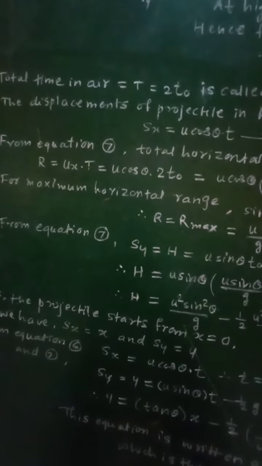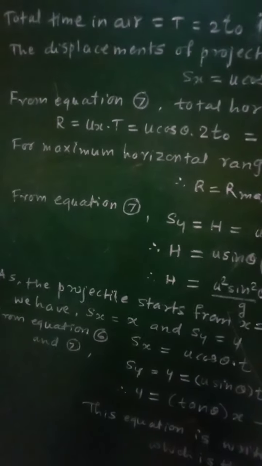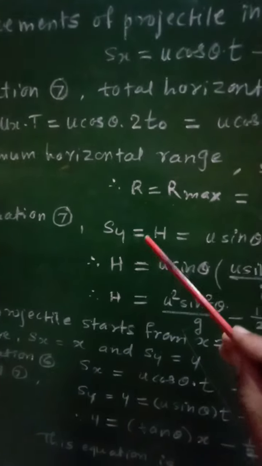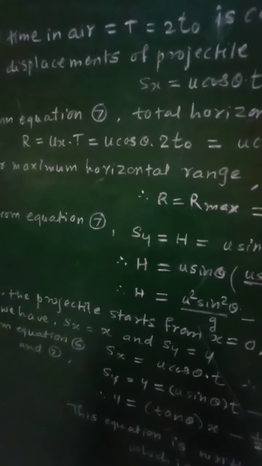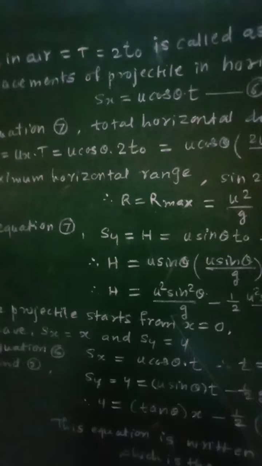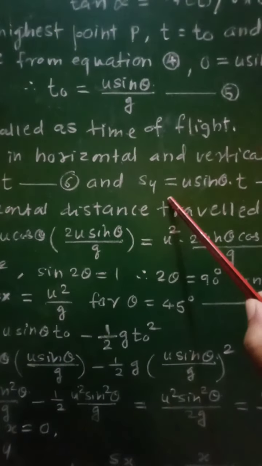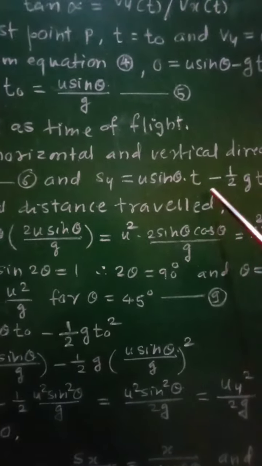And then from equation 7 we will get sy equal to h. So if you consider equation number 7, that equation gives us sy equal to u sin theta t minus half g t square.